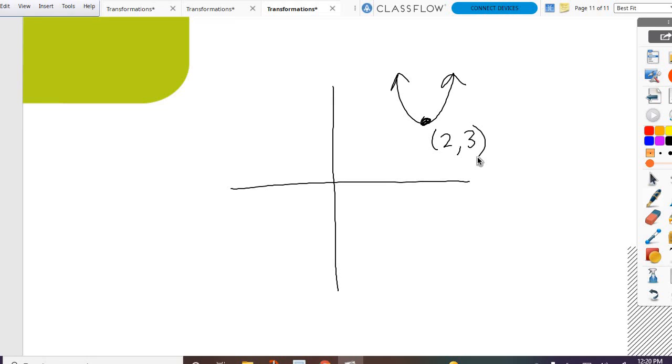What would my equation for that graph be? So f of x equals, it's going to have an x squared, right? Because it's a parabola, so that's my parent graph. So it's going to be a parentheses. How far to the right have we moved it? 2. So it's going to be x minus 2 squared, right? And then how far up have we moved it?